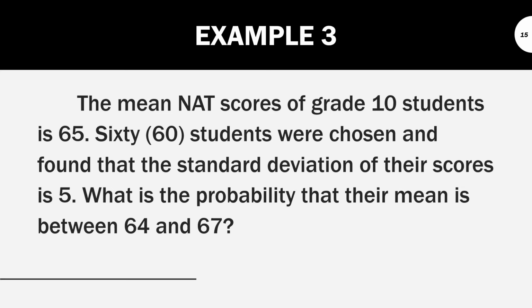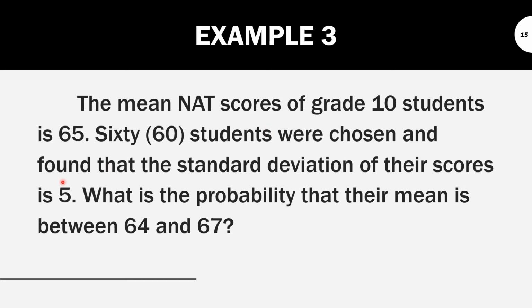For our third example, we have the mean NAT scores of grade 10 students is 65. So we already have the population mean as 65. 60 students, this will be the sample size, were chosen and found that the standard deviation of their scores is 5.